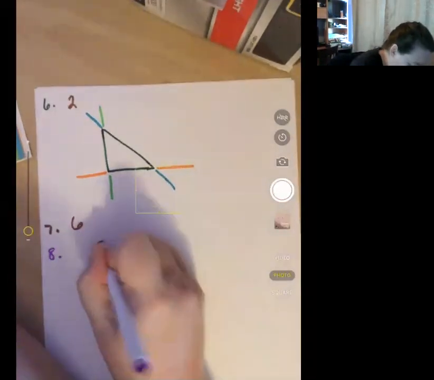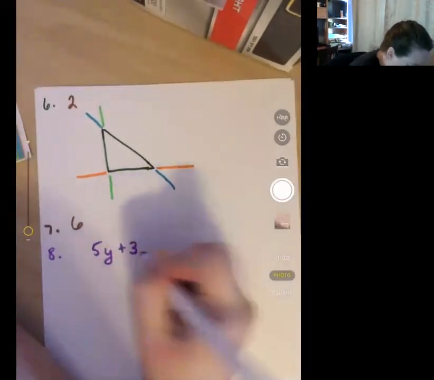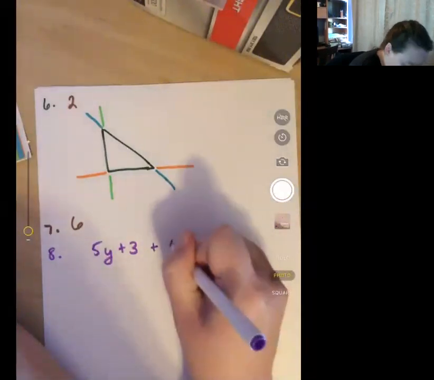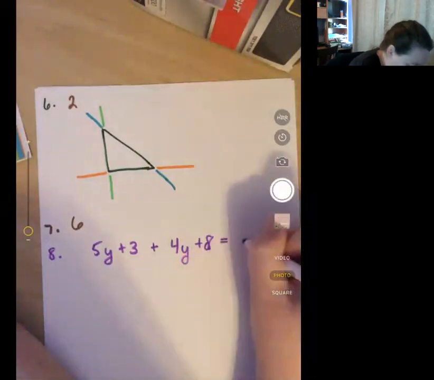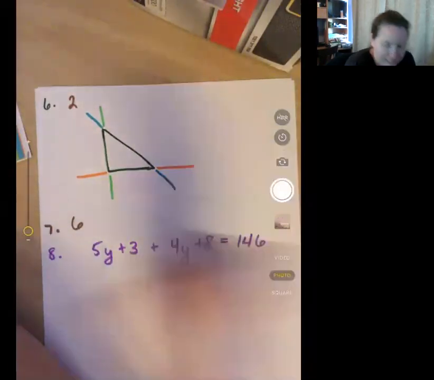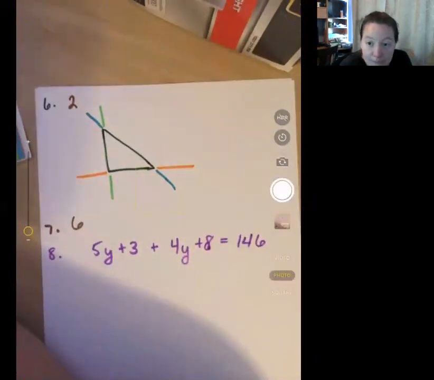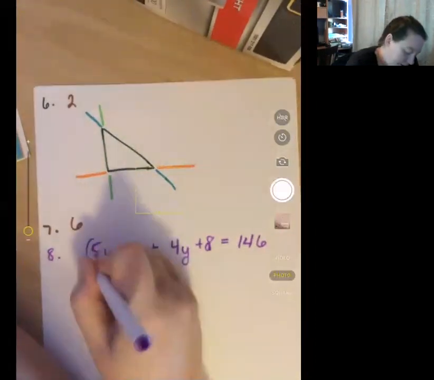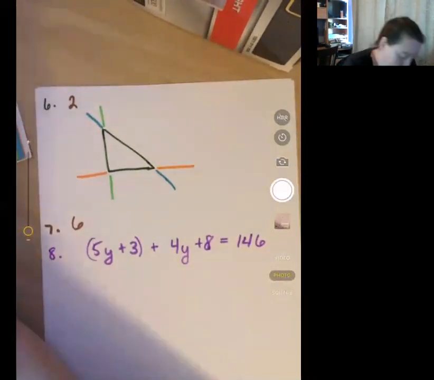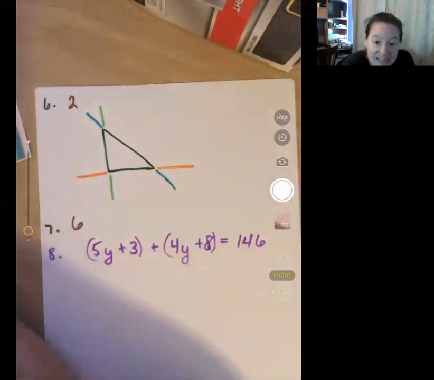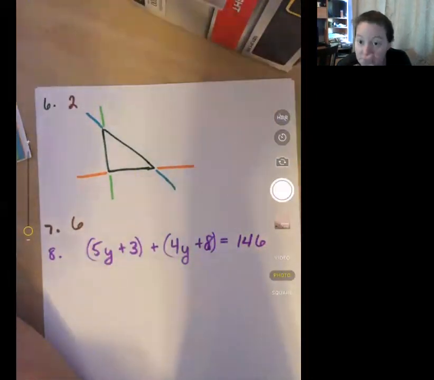So I am going to go 5y plus 3 plus 4y plus 8 is equal to 146. Okay, because 146 is my exterior angle. That 5y plus 3 is angle M. 4y plus 8 is angle N. And now I just need to do things with this.